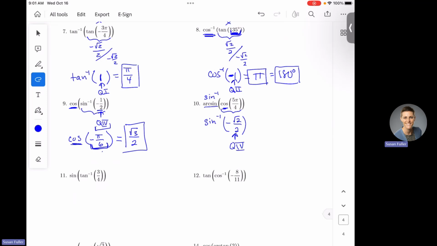So we are looking for the angle in quadrant 4 that has a sine value, a y-coordinate in the ordered pair, of negative root 2 over 2. So you'll find the y-coordinate is negative root 2 over 2 at 7 pi over 4, but we can't write it as 7 pi over 4. We have to use the negatively rotating angle, and you can either use the negatively rotating angle or subtract 2 pi. Either way, you will get negative pi over 4.